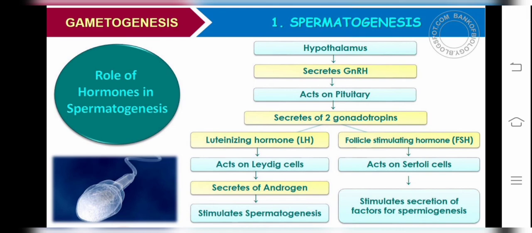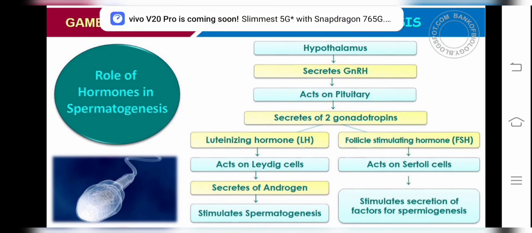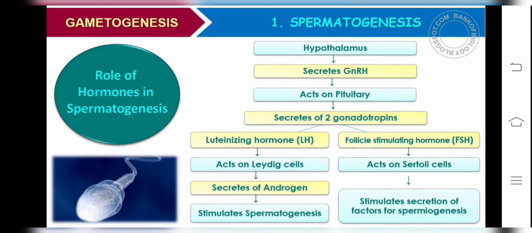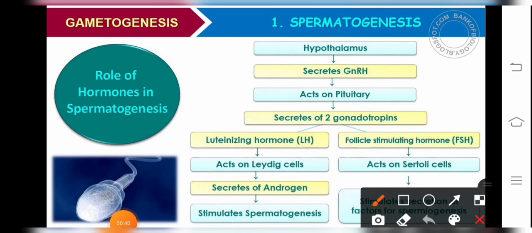Okay. So first let's go through some basics so that it will be easier to understand this topic. As we have discussed, the process of spermatogenesis starts at puberty, right? Agree? But why at this time? Because at the time of puberty, the hormone called gonadotropin releasing hormone, GnRH, is quite high in concentration.